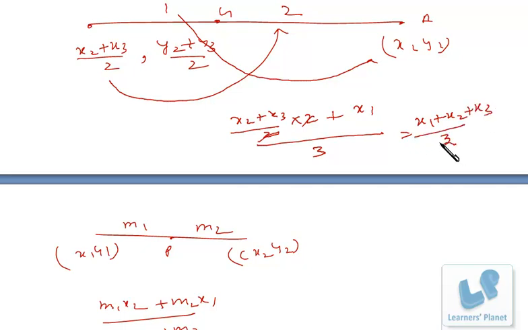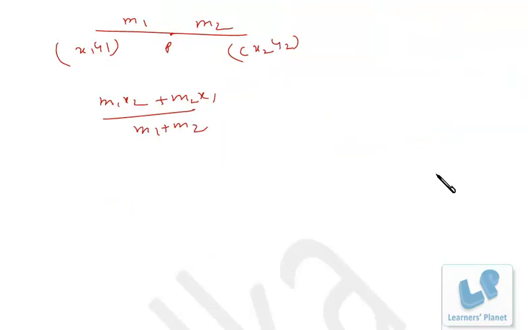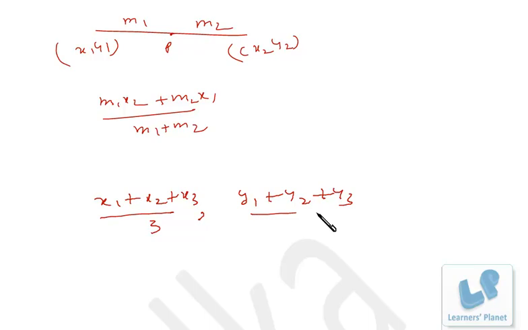Similarly, y coordinate will be y1 plus y2 plus y3 by 3. So these are the coordinates of centroid, right? x1 plus x2 plus x3 by 3 and y1 plus y2 plus y3 by 3. So these are the coordinates of centroid.